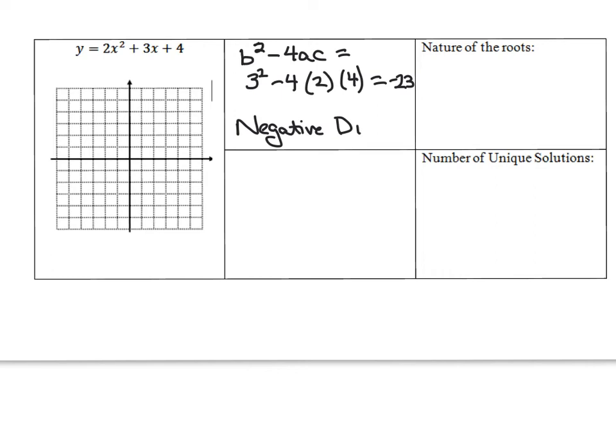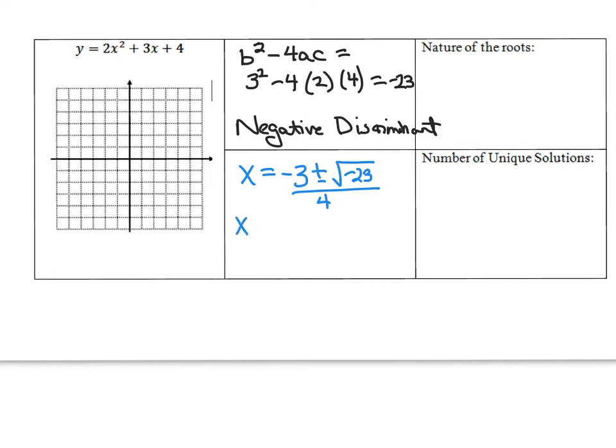And I think you can probably guess what's going to happen when that discriminant is negative. Let's go to our quadratic formula and solve for the roots. So x is equal to the negative of b, negative 3, plus or minus the square root of negative 23, all over 2 times a, so that's all over 4.